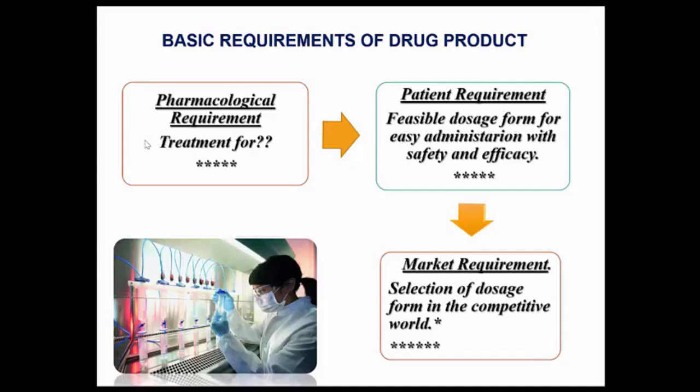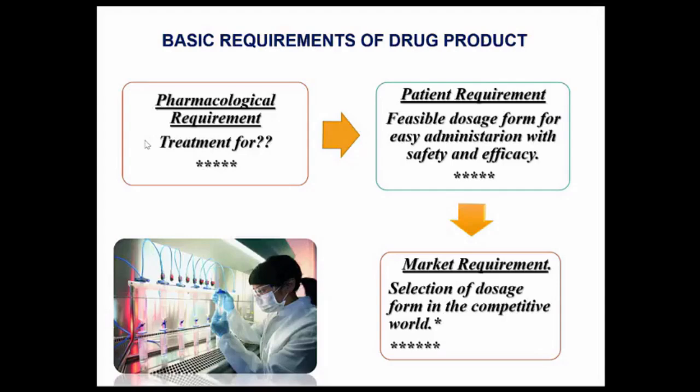Next, cardiovascular drugs, statins, all statins, beta blockers, which also have high demand in the market. So the selection of a particular category of drugs is also very, very important. In the same way, the dosage form.